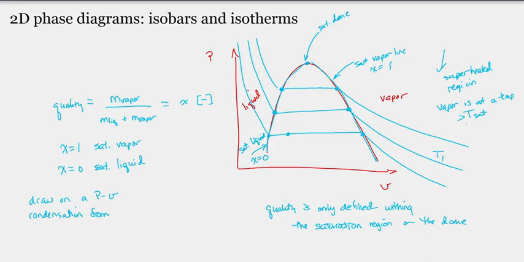This area is the superheated region, and a superheated vapor is a vapor at a temperature greater than Tsat. In this region, we're going to define subcooled liquids. So that's the superheated vapor region, and this is the subcooled liquid region.